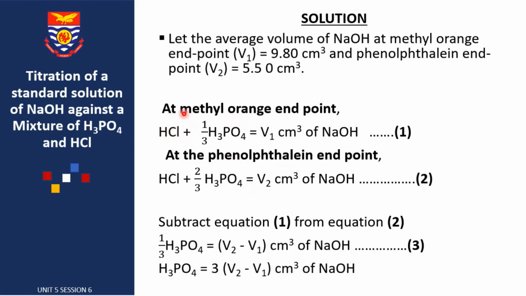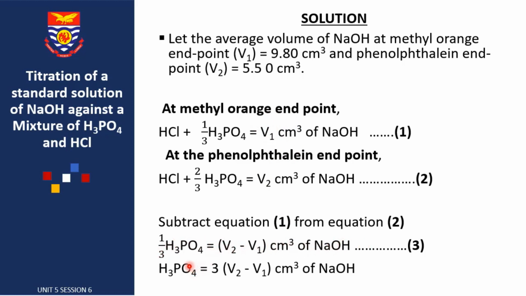In doing so, the whole of this hydrochloric acid cancels this hydrochloric acid. Then here we are subtracting 1/3 from 2/3, and we are going to have 1/3, and here it is going to be V2 minus V1. So that is what we have done over here.